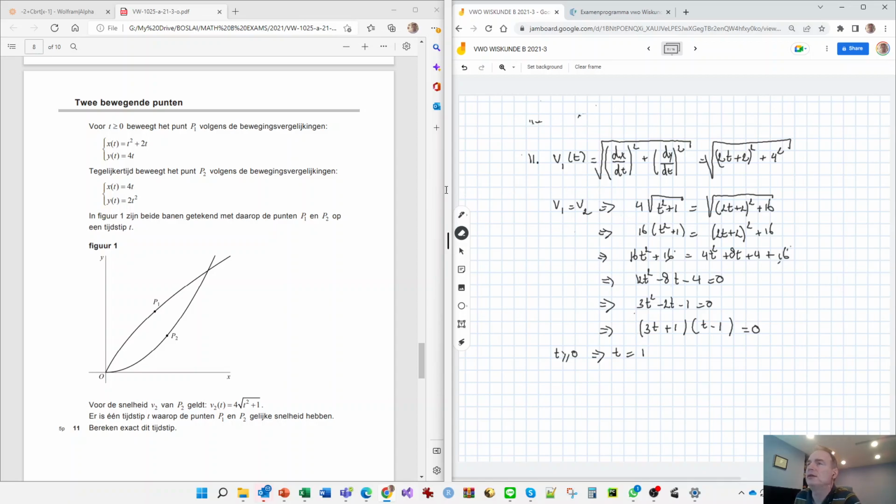Let's do that then. What is dx/dt of point 2? Well, it's given here, t squared, the derivative is 2t plus 2. You need to take the square, and for x it's just 4t, so it's just a 4.